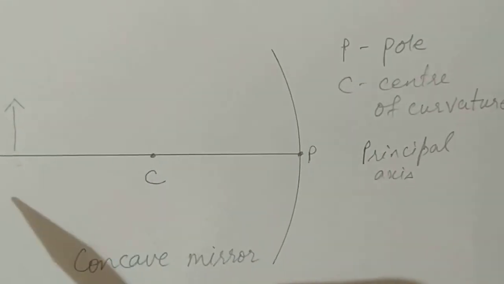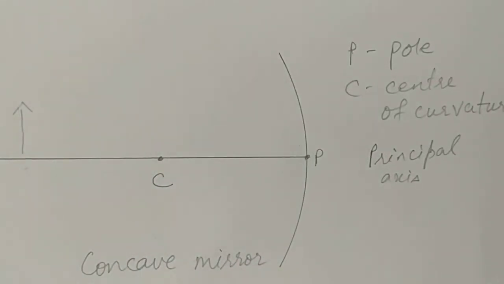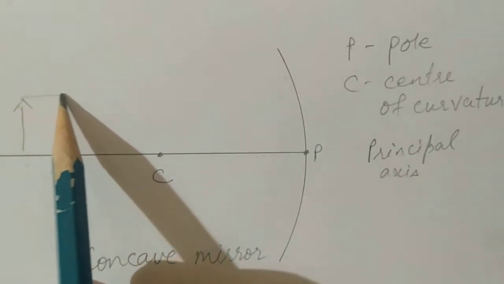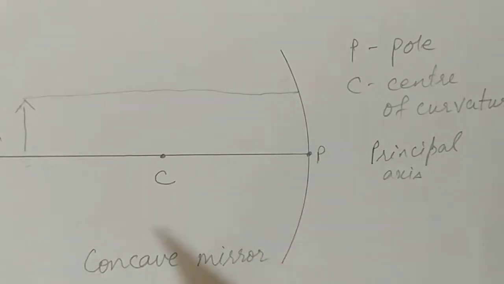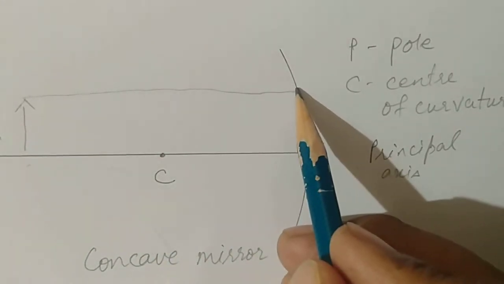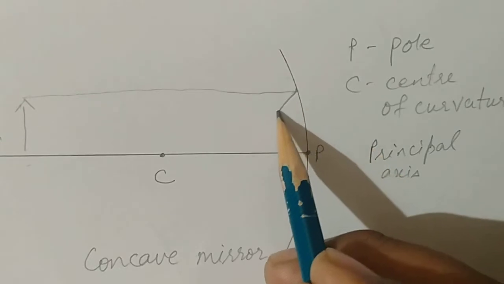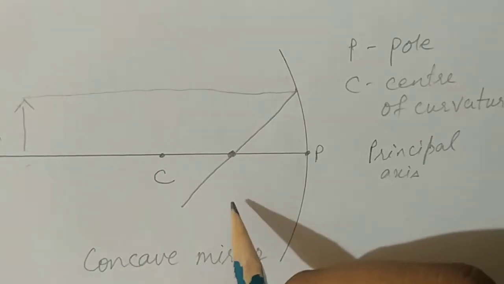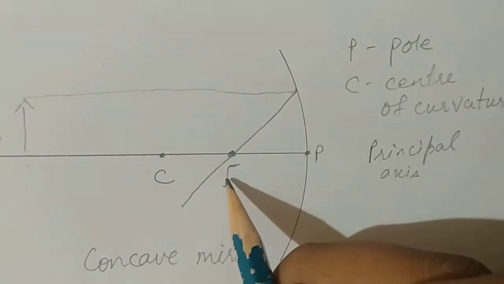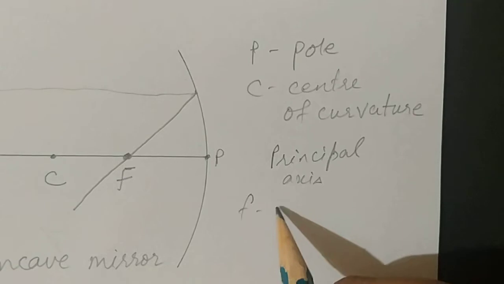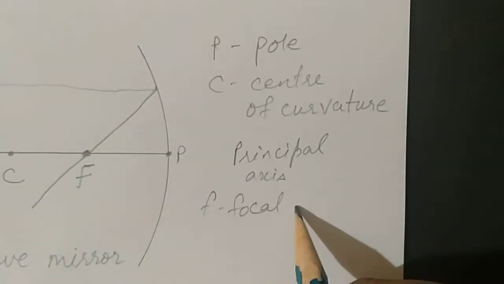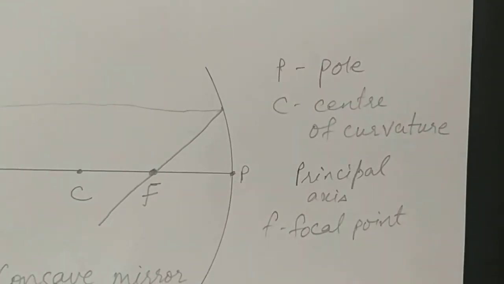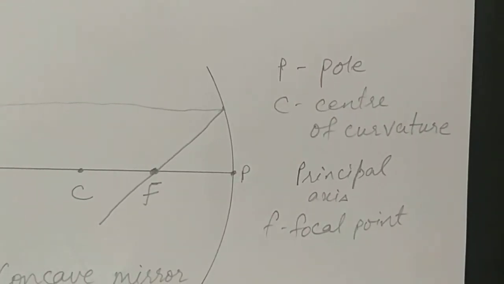It will go here, and after reflecting through the mirror, it will come through here, and this point is called F, or you can say the focal point.